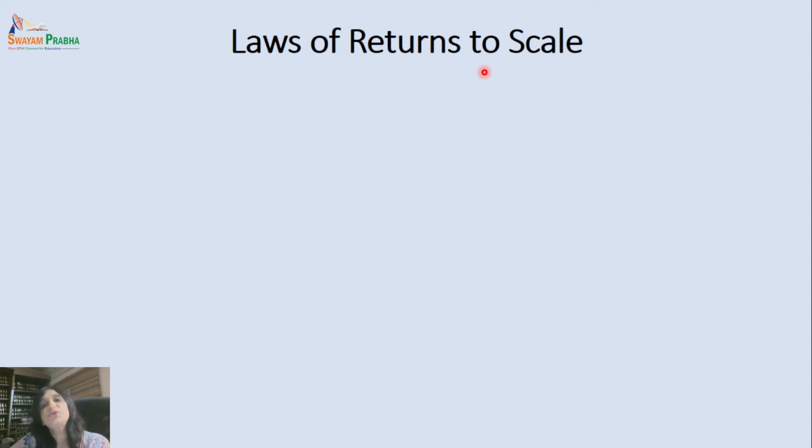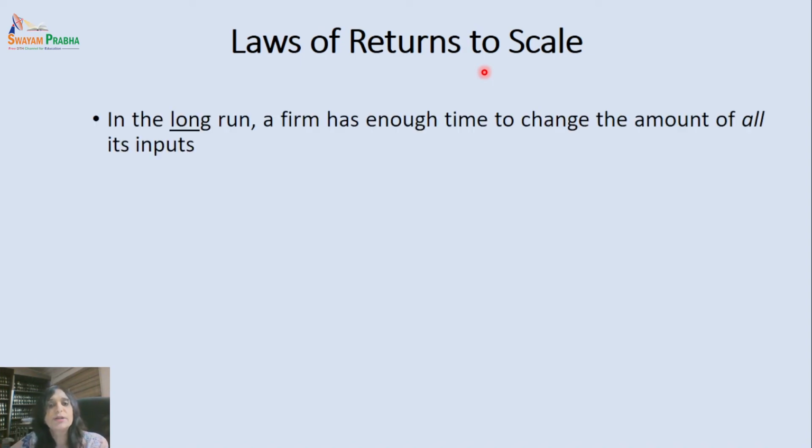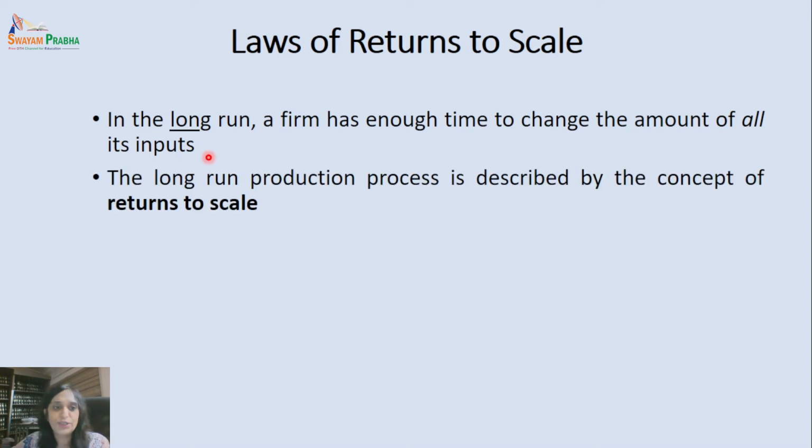Why is size changing? Because you are increasing the amount of both the inputs. So with an increase in the amount of both the inputs, the firm's size will increase or decrease, whatever is the case. So let us have a look at what the law of returns to scale is. As I just said, in the long run, a firm has enough time to change the amount of all the inputs. If we are taking two inputs, labor is changing and capital is also changing.